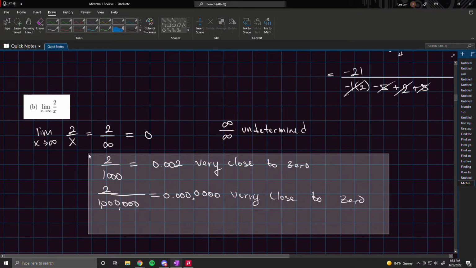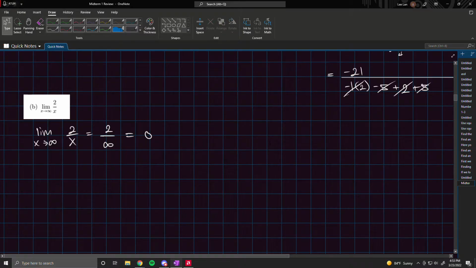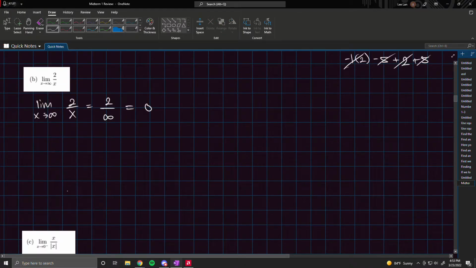And you could just do this, but I think in the context of the course, it could also be helpful to think about this. So if you can remember limit laws or limit rules, you look at the powers of x. So this is technically x to the 0 over x to the 1. Why is this x to the 0? Well, x to the 0 is just 1. So 2x to the 0 is 2 times 1, which is still 2.